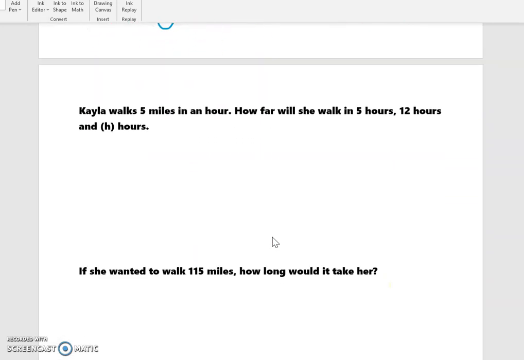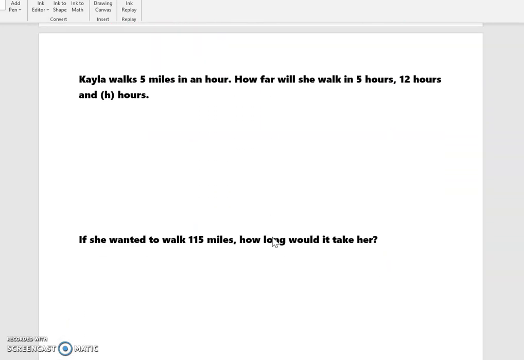Let's see one more example. In this one, we're told Kayla walks 5 miles in an hour. We want to know how far she'll walk in 5 hours, 12 hours, and 8 hours. You can answer each of these individually, or you can create a table, whichever way helps you organize your thinking. If I don't want to create a table, I'm still going to make sure I'm showing my work. So I have 5 hours to start.